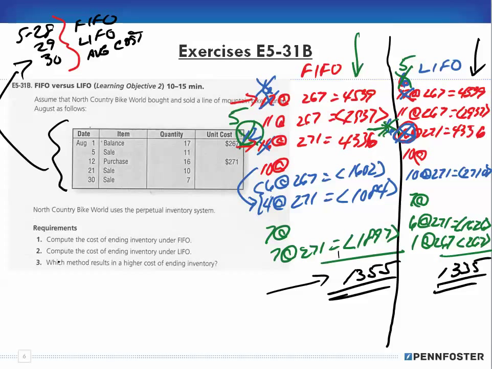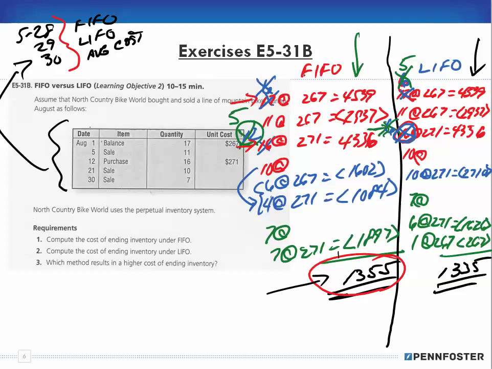Now, it says here, which method results in the higher cost of ending inventory? Of course, the answer to that question is that FIFO has the higher cost of ending inventory. And again, just to make it real quick, think about what's happening.